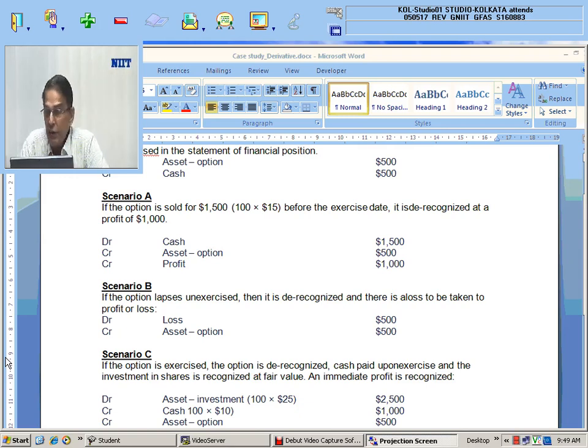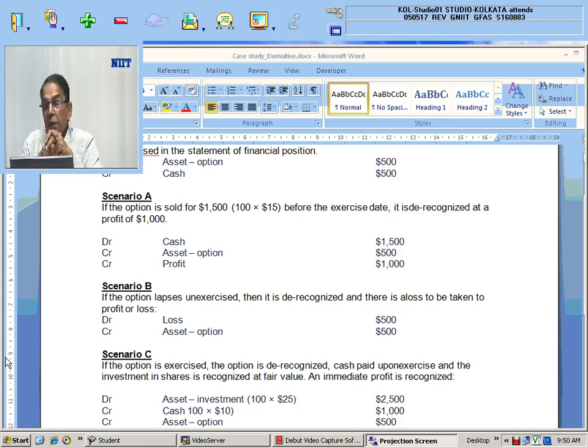So we will debit asset investment at the fair value of 2,500, credit cash, that is the amount to be paid upon exercise of the contract for buying the shares at $10 each, 100 shares, 1,000, credit asset option account because we have to derecognize the asset which we created on 1st of January. So credit asset option account $500 and credit profit 1,000. So the profit made is actually 1,000.